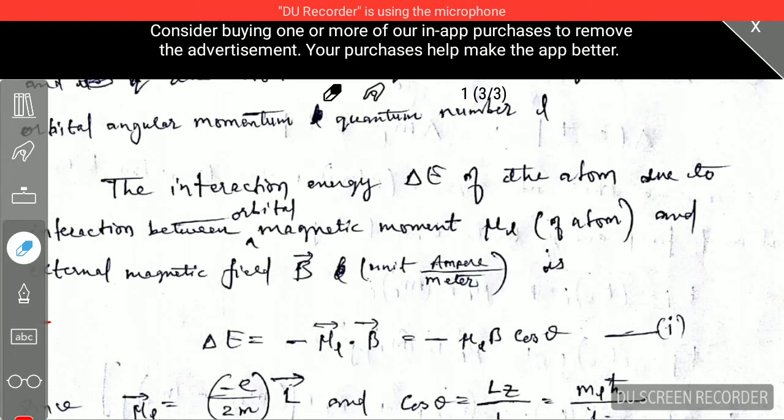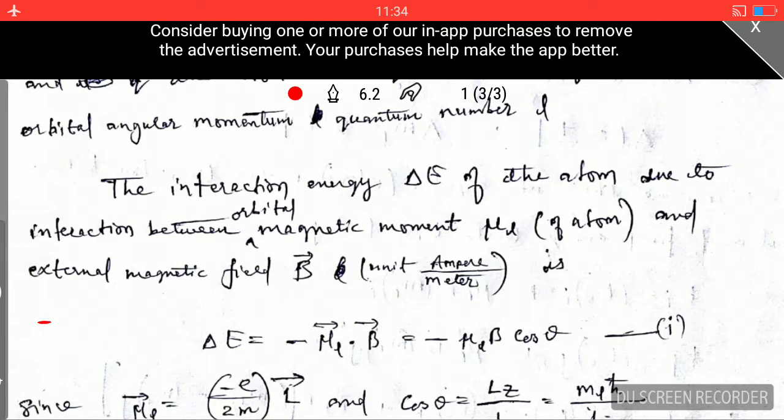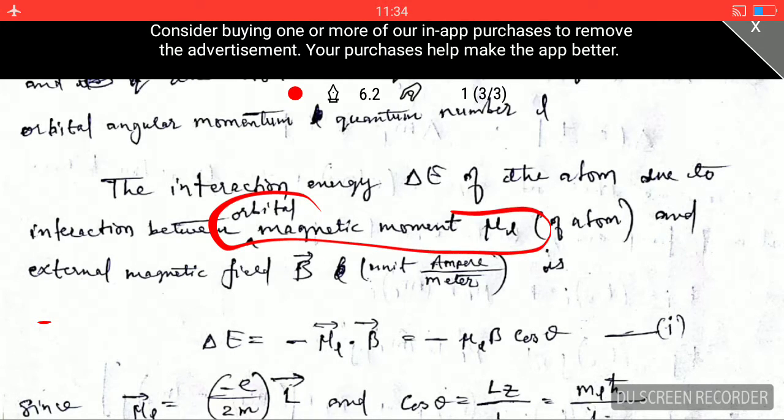Here also the same thing happens. Our atom has some orbital magnetic moment, because the electrons revolve around the nucleus, and due to that, the orbital magnetic moment is generated. This is how the orbital magnetic moment comes into consideration.